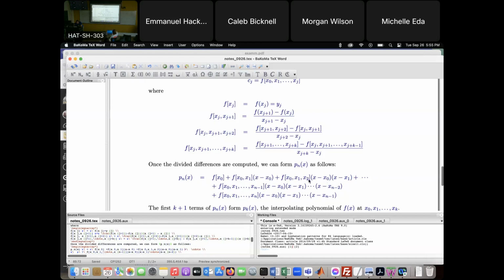And with each term, I'm multiplying by whatever linear factors I had multiplied before and tacking on a new one, like this one and this one. And so you build up the Newton form one term at a time, each term having degree 1 higher than the last, until you're up to degree n.